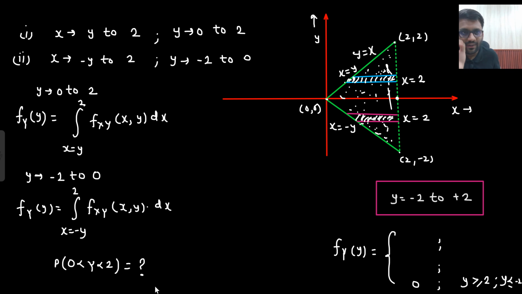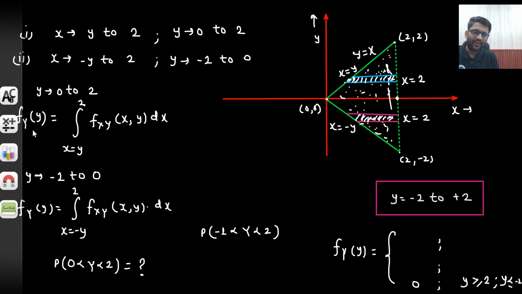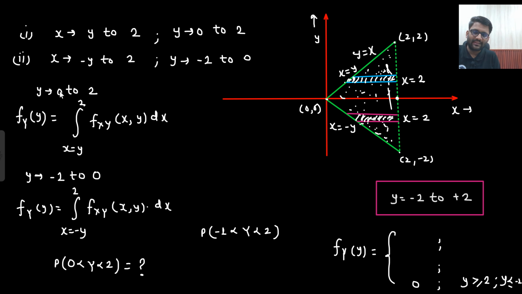So you will require the marginal PDF, but you will require the marginal PDF only in the range of 0 to 2 only, no? If the question was to find the probability of y taking value between -1 to 2, then you would say that, sir, from 0 to 2 this PDF will come, and from -1 to 0 this PDF will come. So then you would find both of the PDFs.